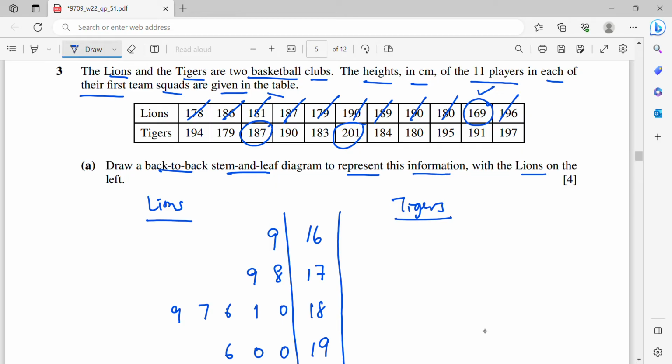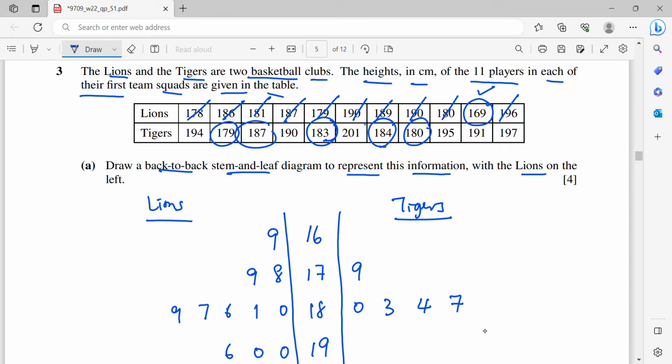Then for the Tigers team, the smallest is 187, so 187 is over here. Sorry, I overlooked. The smallest is 179, so 179. After that, 187. Then followed by, wait, this is not 187, it is 183. Okay, 183, then 180, 183, 184, 187.